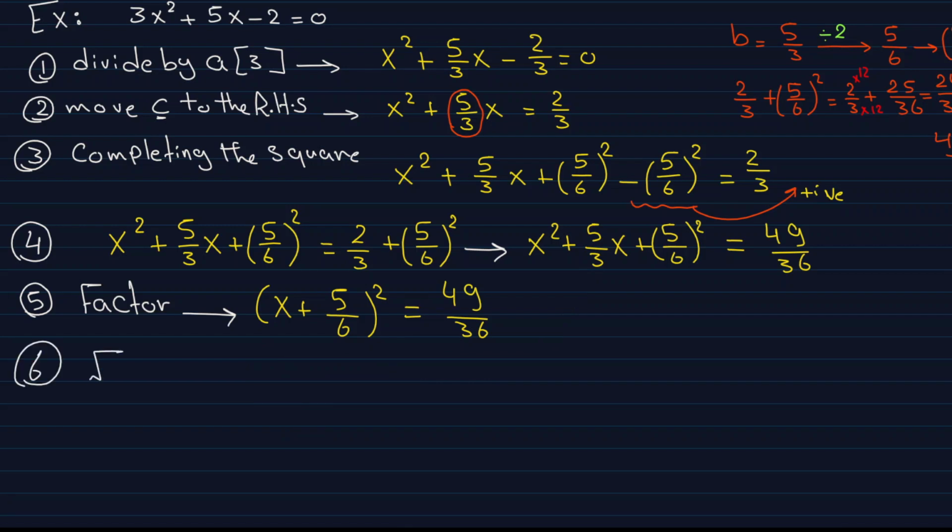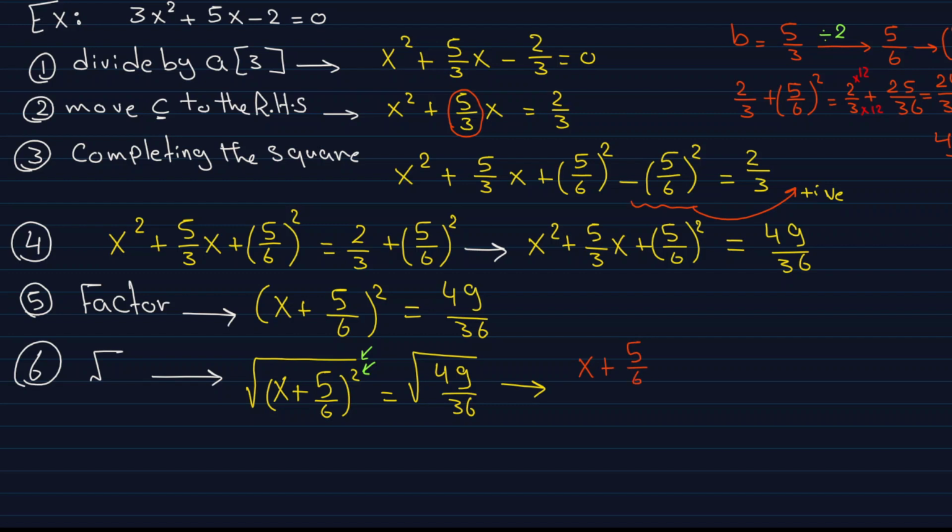Next step, square root of both sides. We will have the square root of (x + 5/6)^2 equal to the square root of 49/36. From here, this square root will cancel out the power of 2, so we will end with x + 5/6 is equal to the square root of 49/36, which is 7/6.